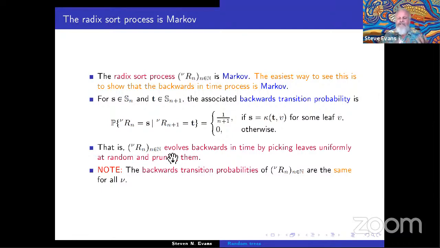That the backwards in time process is obtained by picking leaves uniformly at random and pruning them.